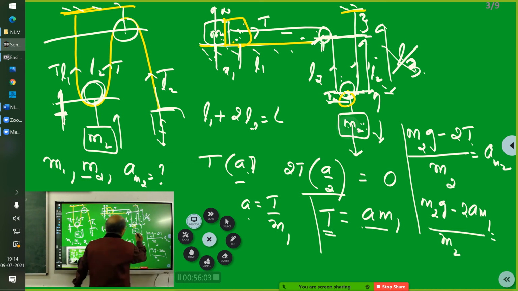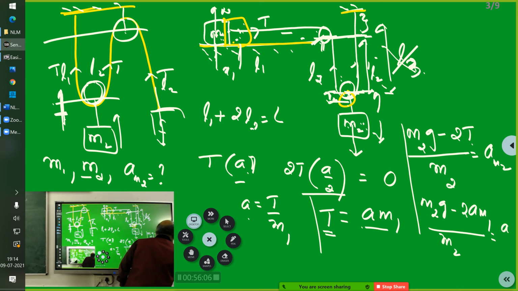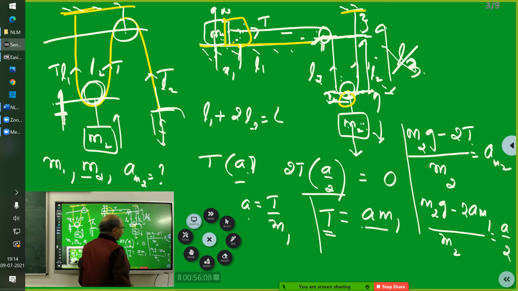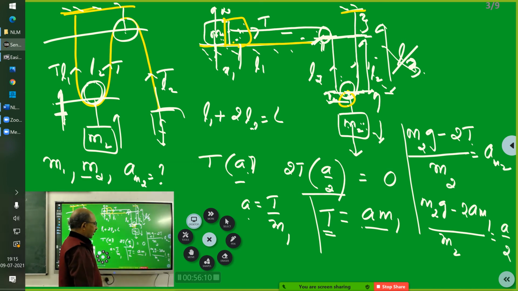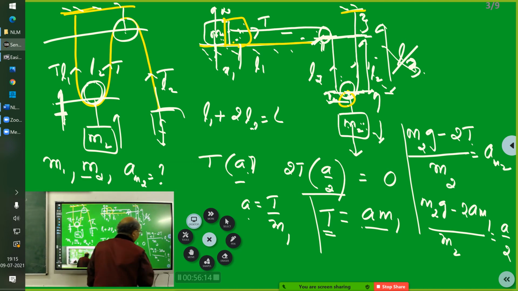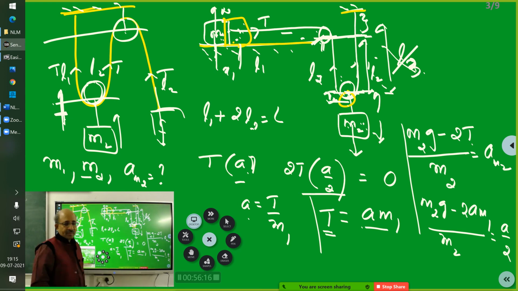Now I know the acceleration of M2 will be half of this, A by 2. Now I will eliminate this A from this equation and I will get the answer. Understood, Viresh? Yes, sir. Fine, that's right.